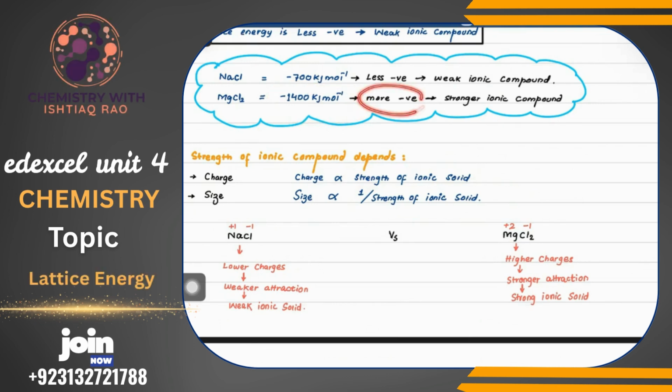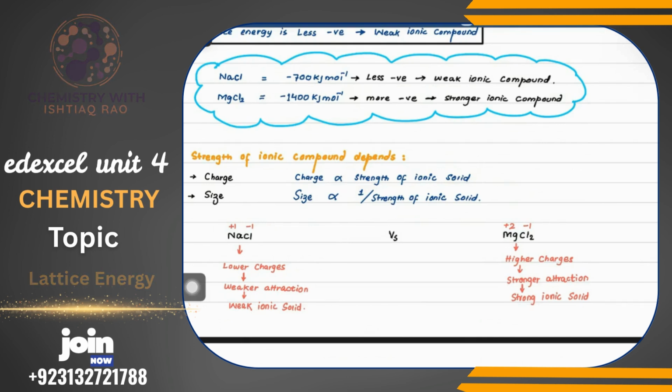If this is more negative, the strength of the ionic compound would be stronger. And if this is less negative, the strength of the ionic compound would be weaker. That's the criteria, the application of lattice energy.